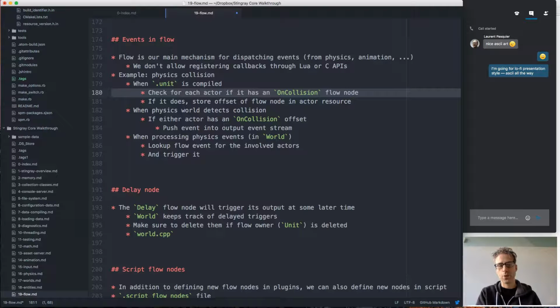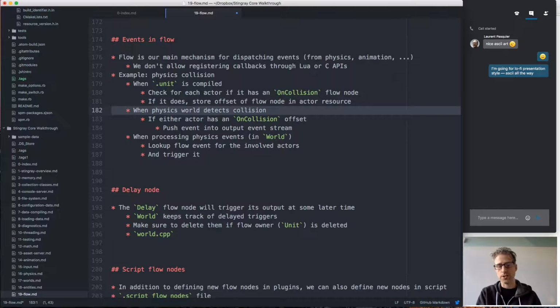So we look at the flow for the unit when we compile it, go through all the flow nodes that have to do with actors, and see if there is a flow node that wants to react to collisions with this actor. If we find such a flow node, we store an offset to that flow node in the actor resource. So the actor knows how to call out in the case of a collision.